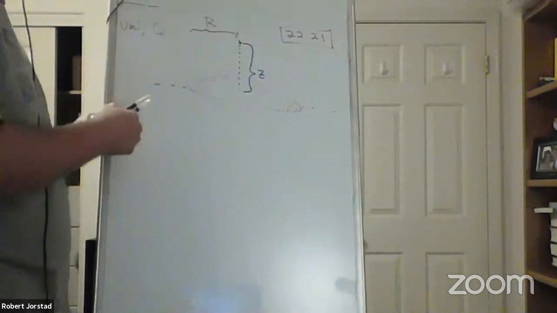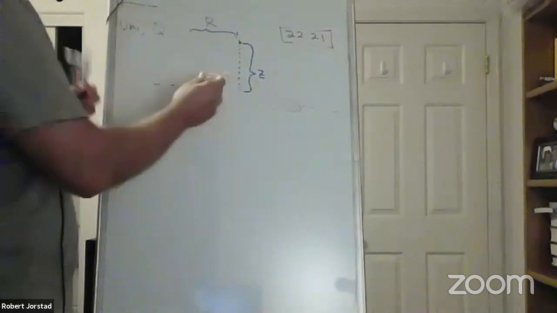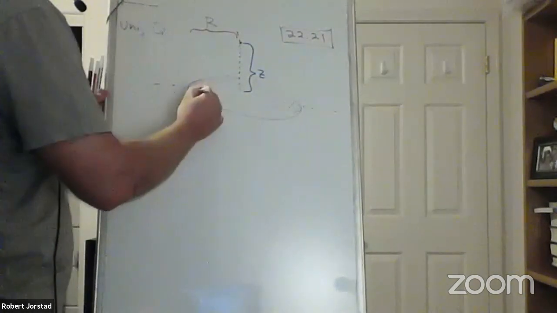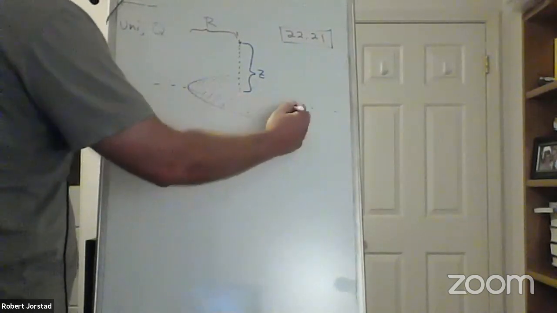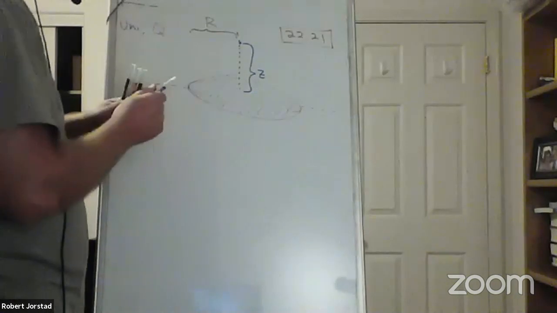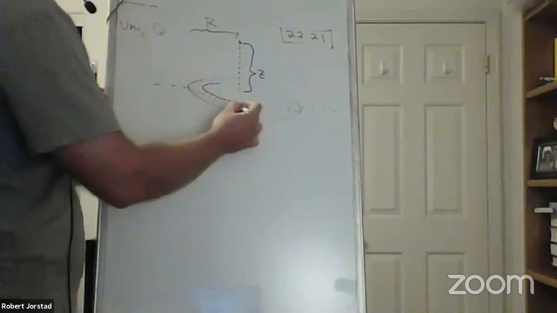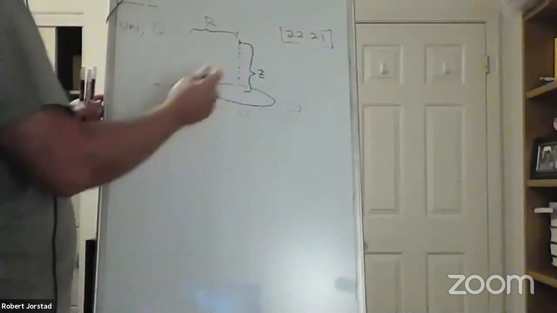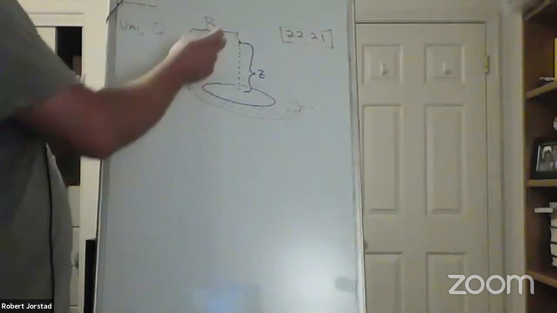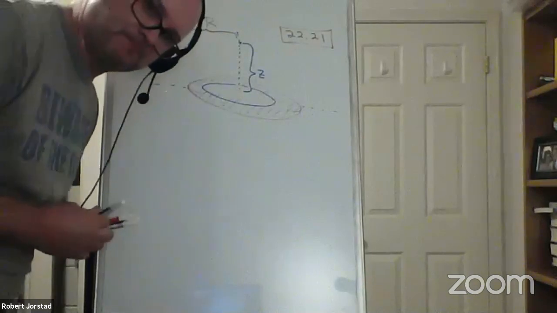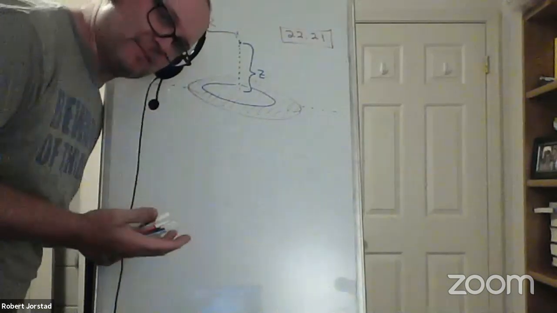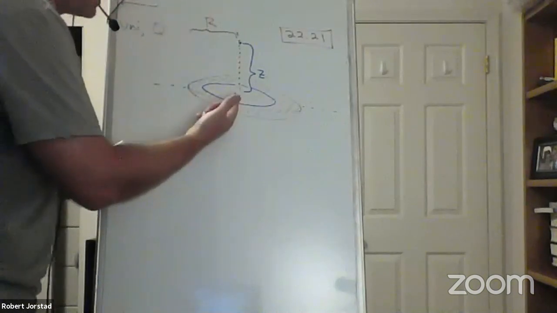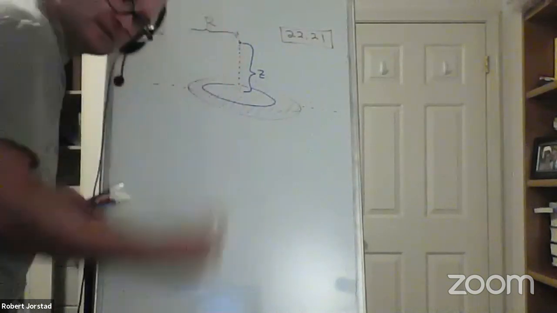I want to take this giant solid disk, which is supposed to be a circle, and build it up out of rings. Each one of these little blue rings is going to contribute to the total charge, and it's going to contribute to the total electric field. And you might notice by symmetry, if this thing is really sitting right on axis, the electric field is going to be upwards.